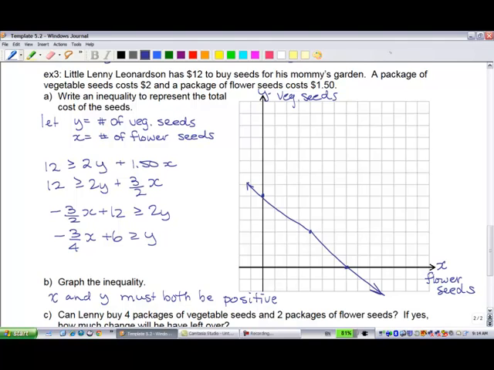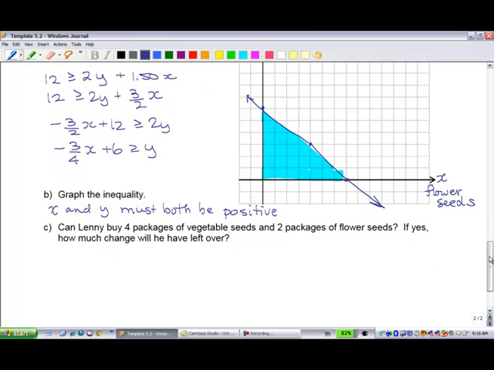So when we shade this in, we want the y values that are below the line. So let me shade in below the line, and notice I'm only going to shade in above the x-axis, and to the right of the y-axis, because that region defines all the positive values that work for this kind of seeds situation.